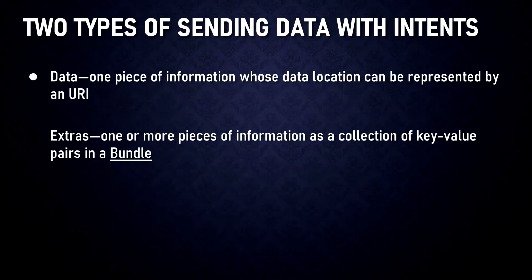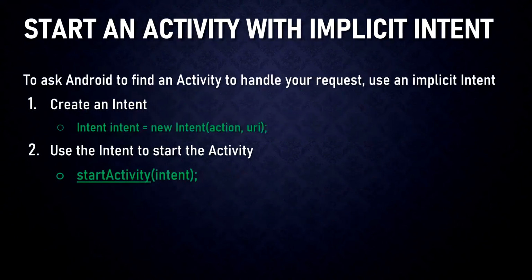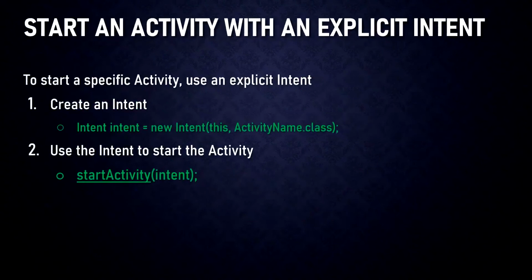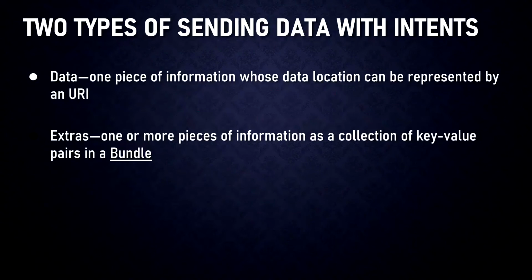Data means that if you want to pass one piece of information, you can represent it in our URI, as we have seen here. If you have only one piece of data, you can just use a URI and parse that data to pass it. But if you want more than one string, you use extras, which are key-value pairs that you put in the bundle.